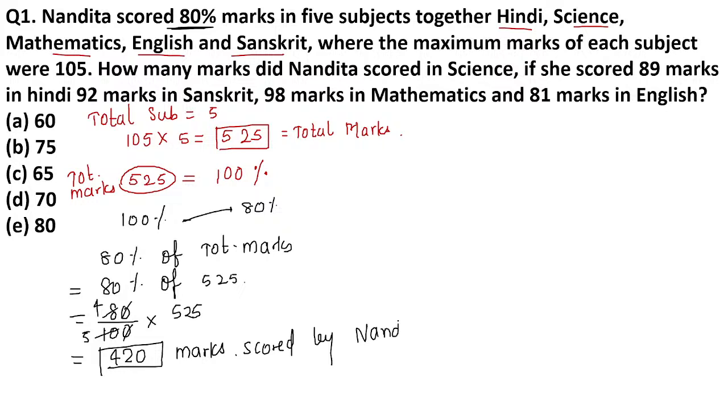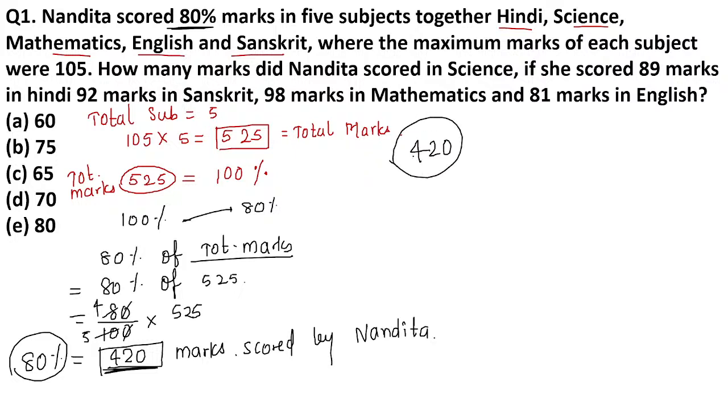Is it clear till here? Everyone should mention in the comment section. That 80% marks were scored by Nandita. 80% of what? 80% of total marks. That will give me 420 marks. So 80% is equal to 420. So Nandita scored 420.